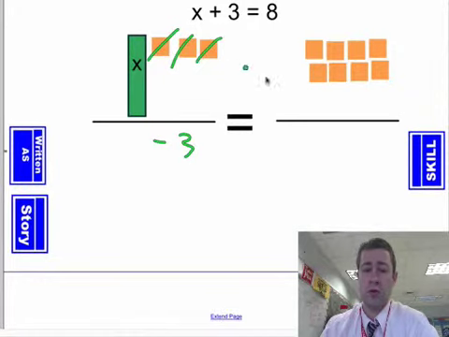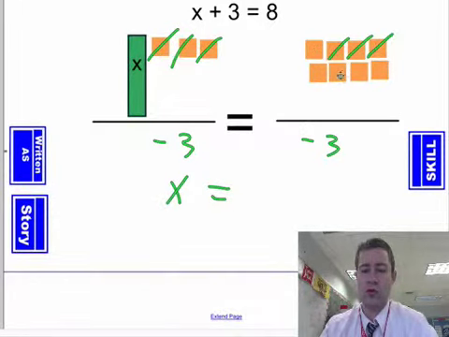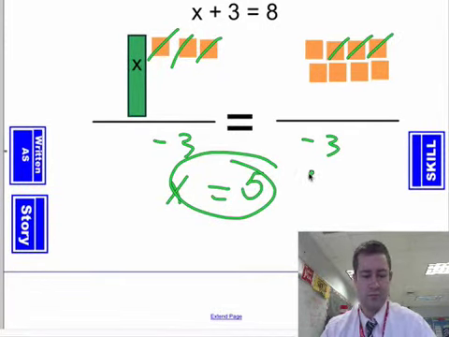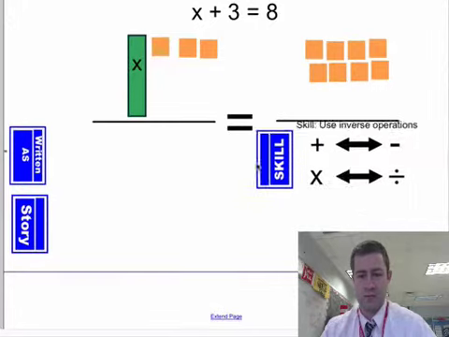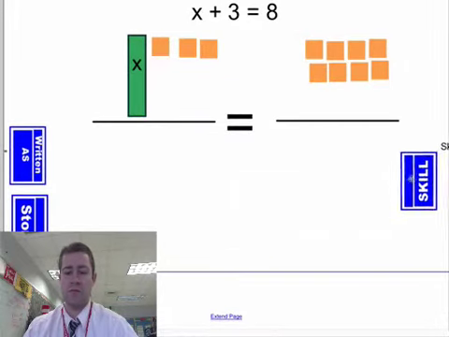Now if I do that to this side, right now we're unbalanced, so I must take away 3 from the other. And now I'm left with x equals, let's count how many we have: 1, 2, 3, 4, 5. x equals 5. So our skill is this: use inverse operations to get x by itself.